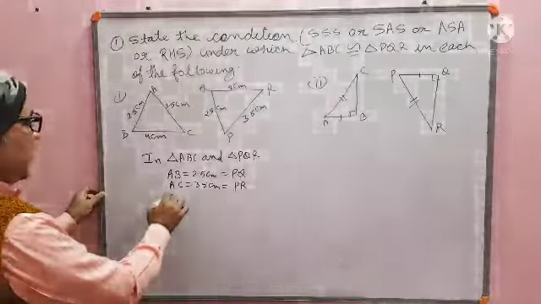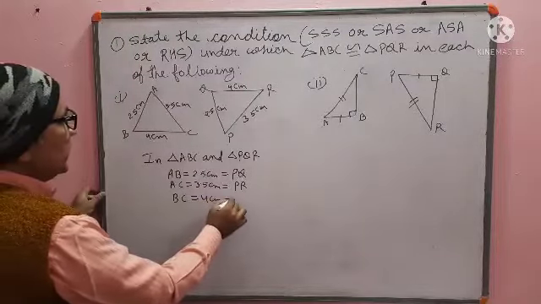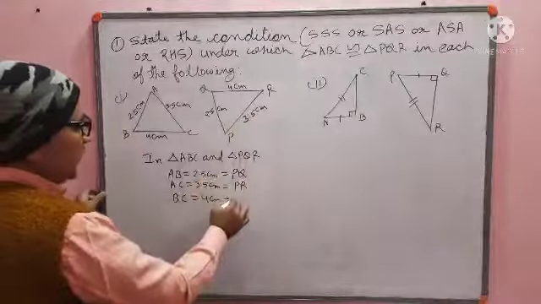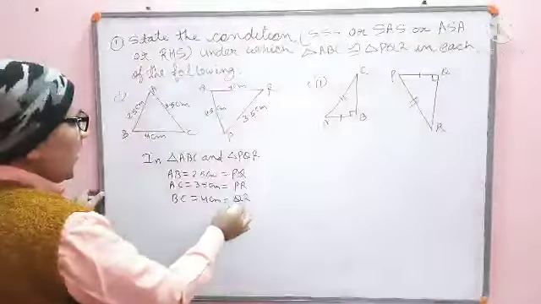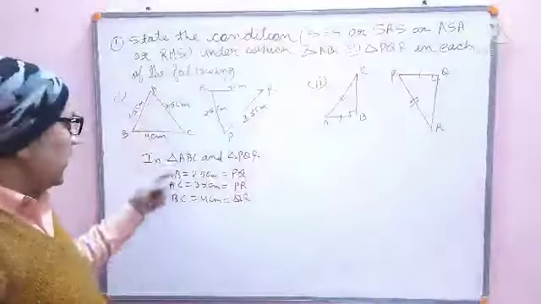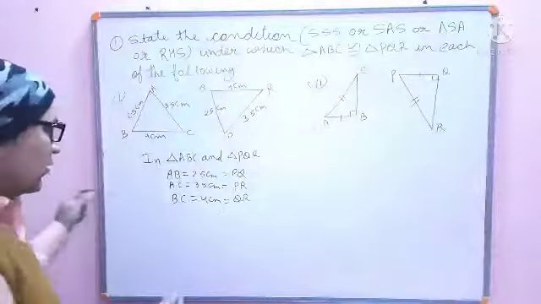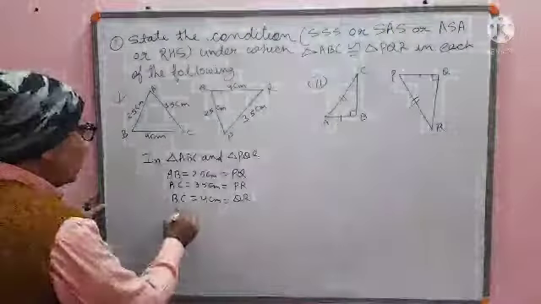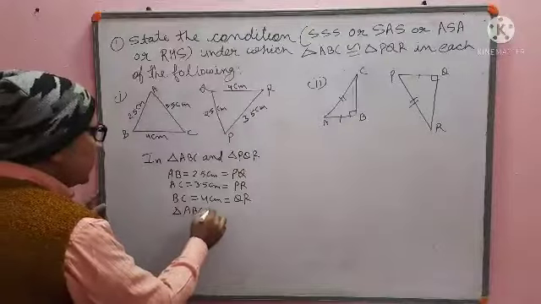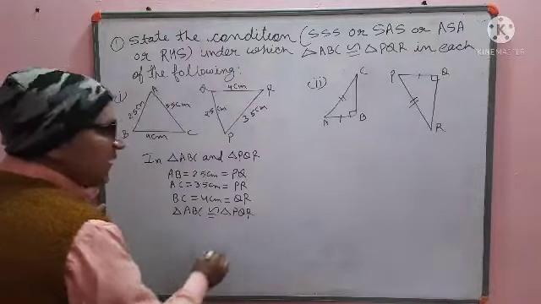In triangle ABC, BC is 4 centimeter and in triangle PQR, QR is also 4 centimeter. So in these two triangles all the sides are equal. So you can say that triangle ABC is congruent to triangle PQR.